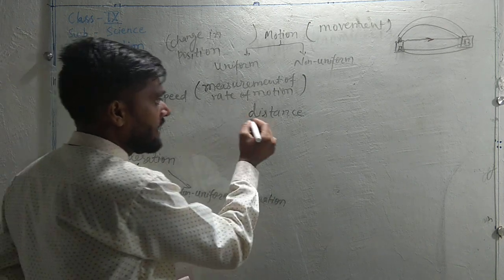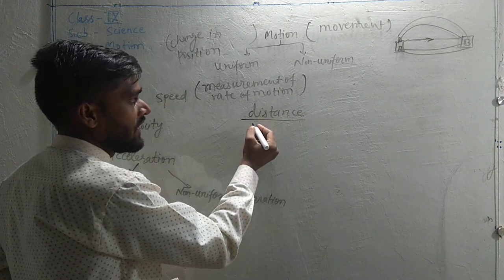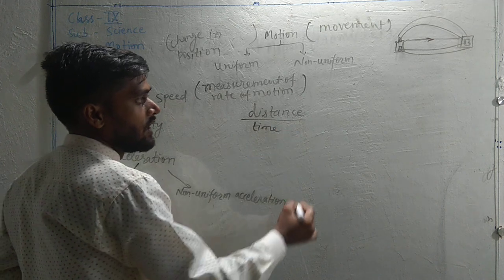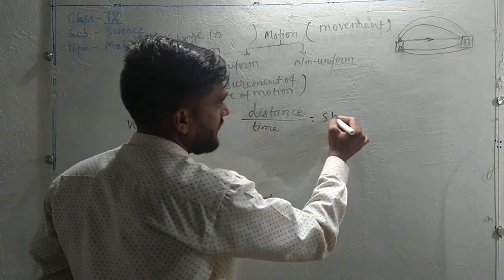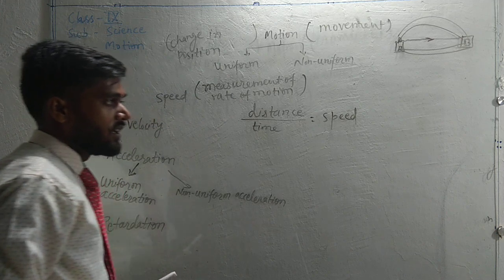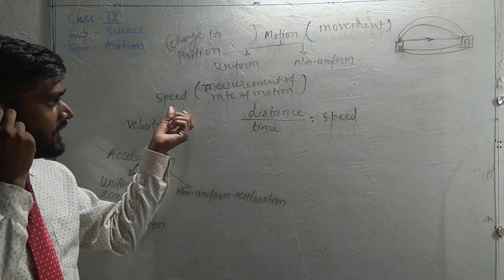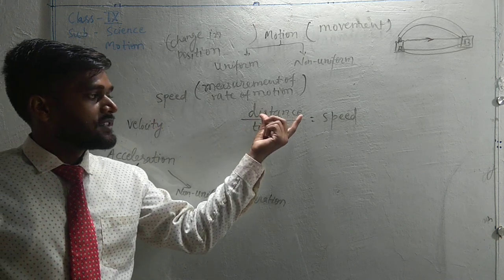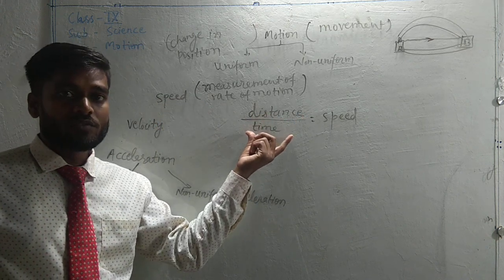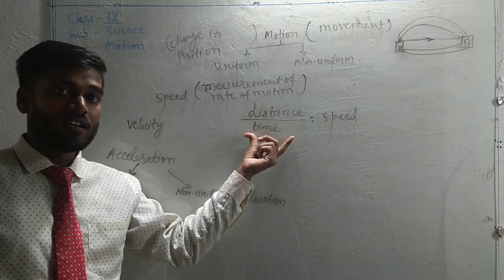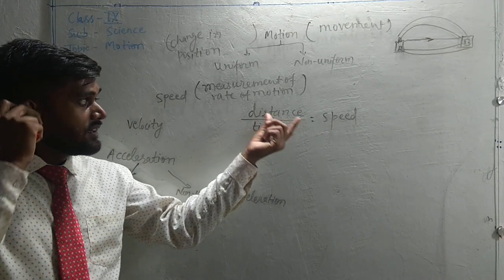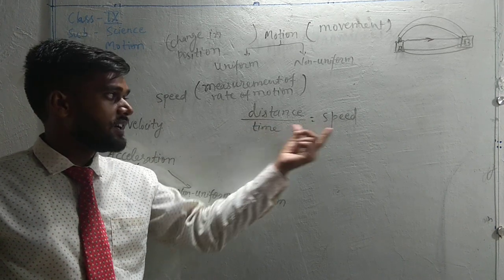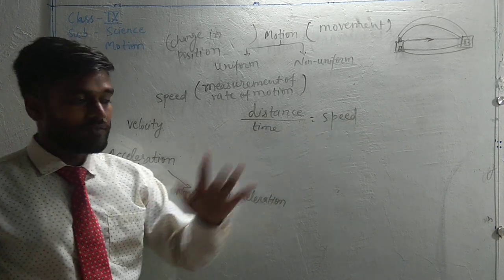So the rate of motion with respect to time, which is the ratio of distance and the time taken, is called speed. We give another physical quantity, that is speed. So you can define speed as distance per unit time. If this time becomes 1 unit, let it be 1 second or 1 hour, then the distance covered in that 1 minute, 1 second or 1 hour is called speed. Okay.